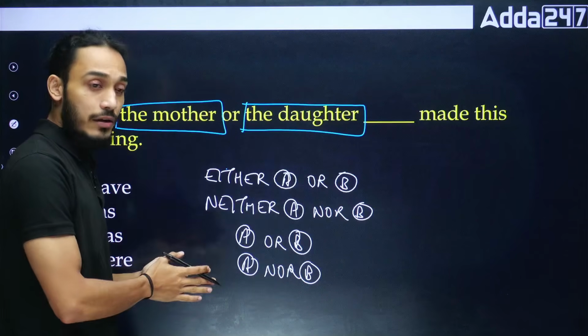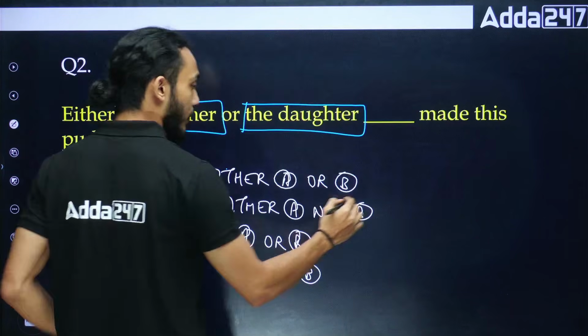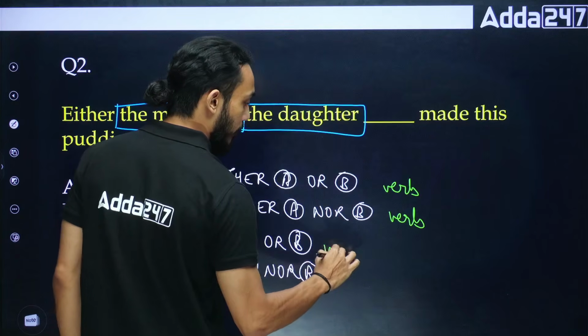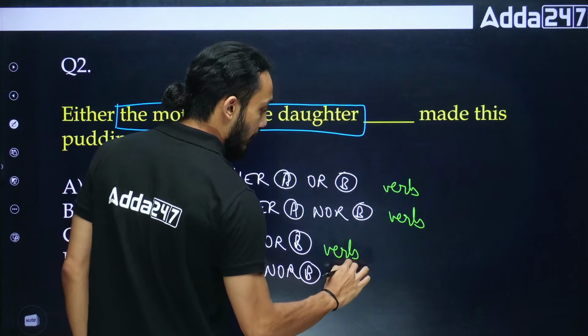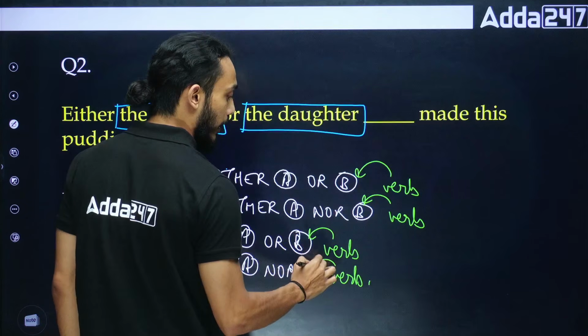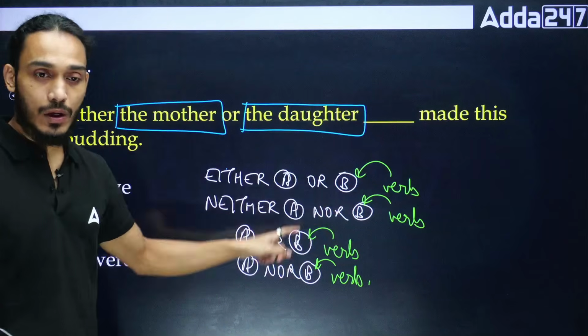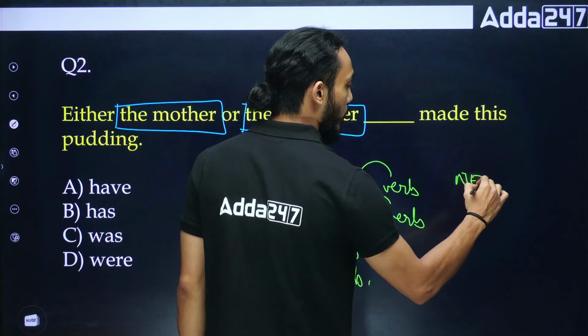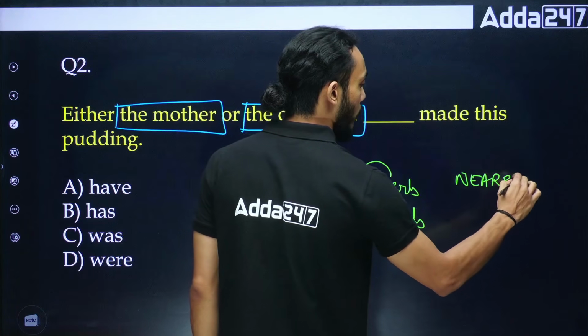In these kind of scenarios, when we write the verb, it will agree with the subject closest to it, that is with B, not with A. All right, the verb will always agree with the one closest to it. This is what we call the nearby rule. This is also referred to as the proximity rule or the proximity concord sometimes.